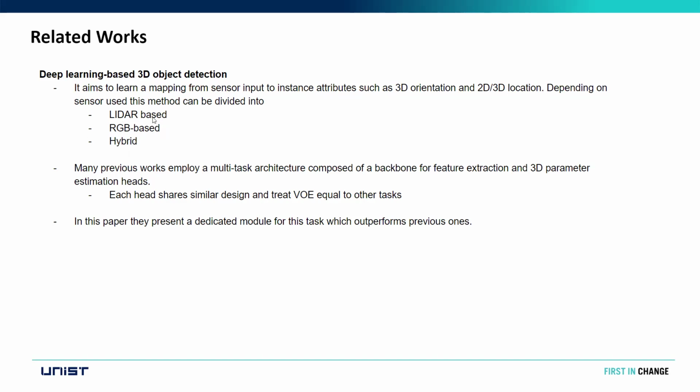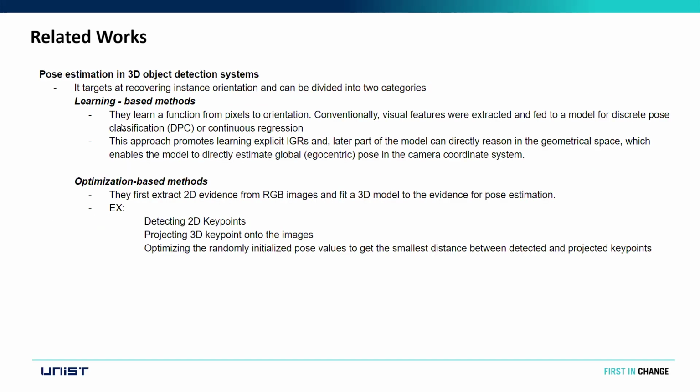Many of them work in a multitask architecture, with a backbone for feature extraction and an estimation head from which they get 3D parameters. Almost all of them have a very similar design for the head. In this paper, they present a dedicated module for predicting the 3D information, which makes it different from previous models.